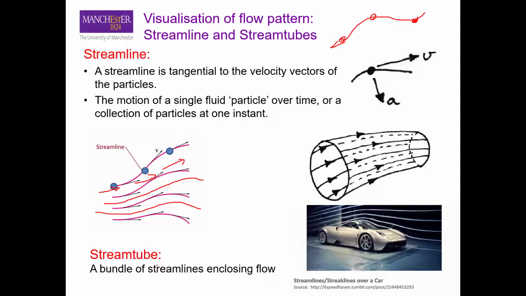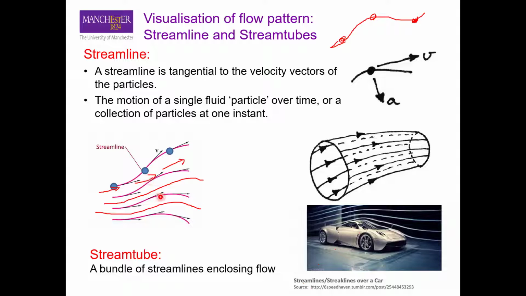So just to show you what these streamlines look like, for example, here you can see that smoke is used as a representation of these streamlines in reality. So for example, you have a car, and different jets of smoke are hitting this car, showing you how these streamlines look like in a simulation, for example, here.